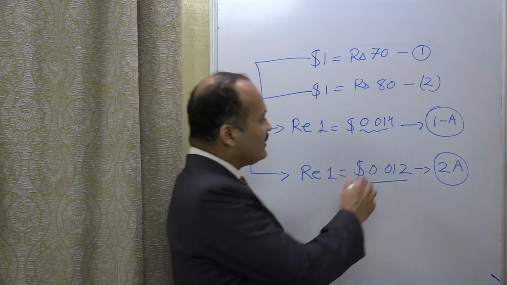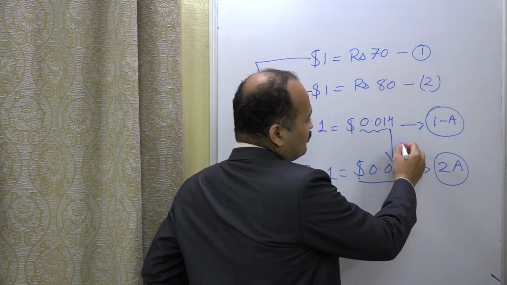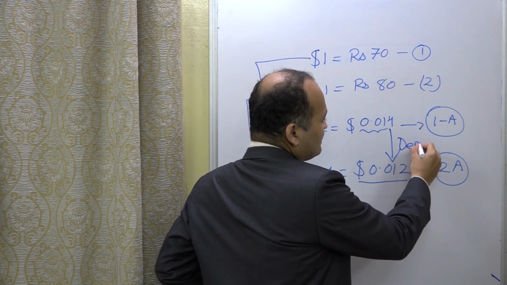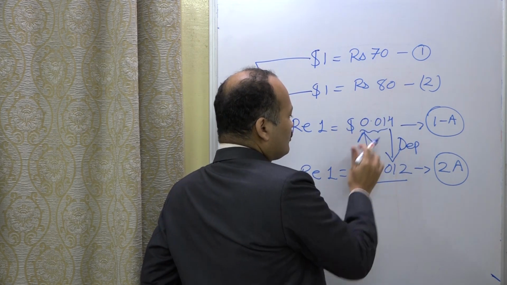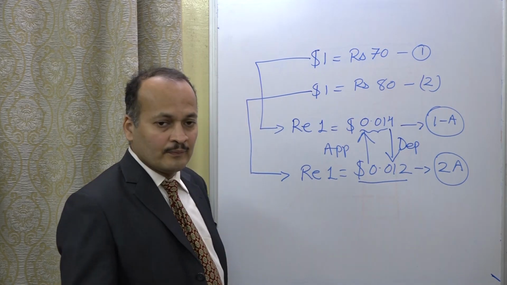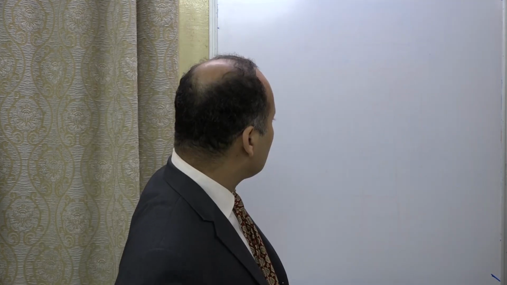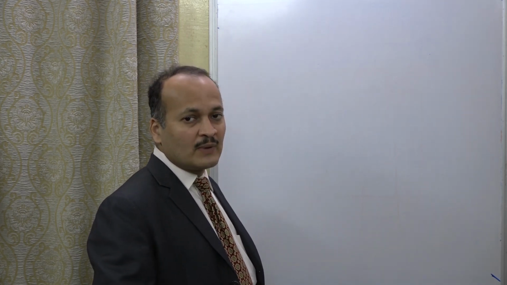So when I am moving from 1A to 2A, the rupee is depreciating, and if I am moving from 2A to 1A, the rupee is appreciating.